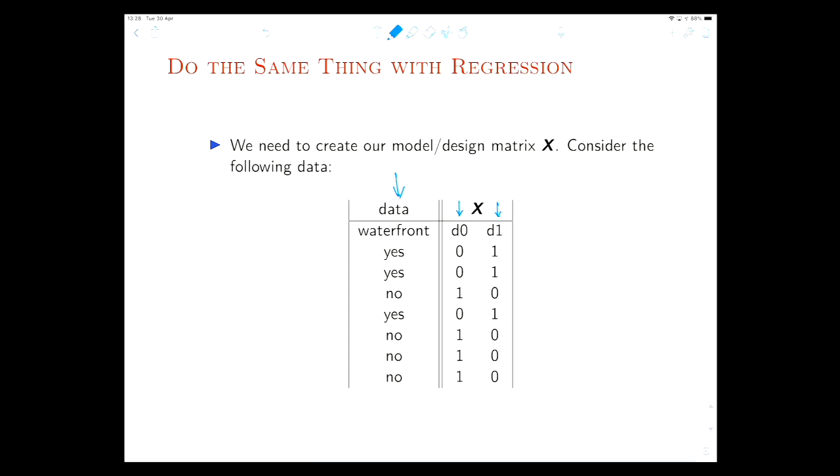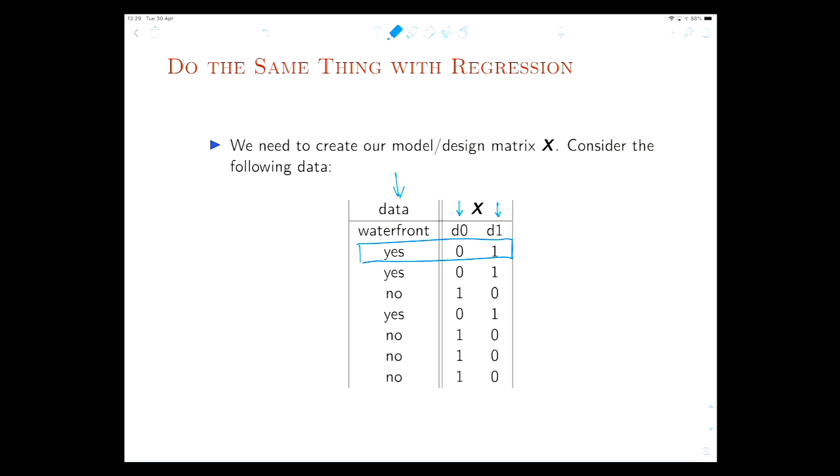I'll call them D0 and D1. D0 is used whenever there is no waterfront, and D1 is used whenever there is a waterfront property. So let's take the very first data point, which is a waterfront property because waterfront is equal to yes. Therefore we set D1 to 1 and D0 to 0.